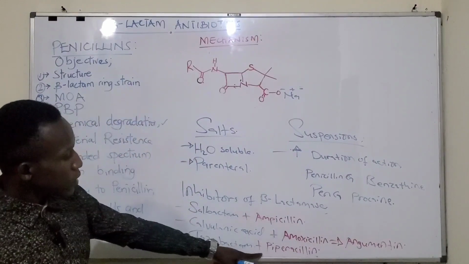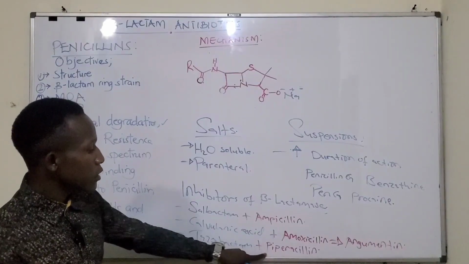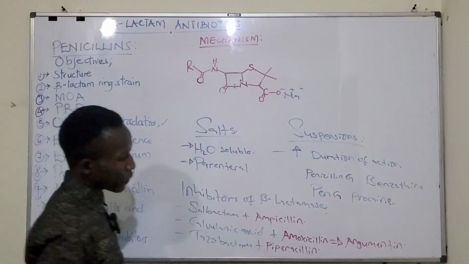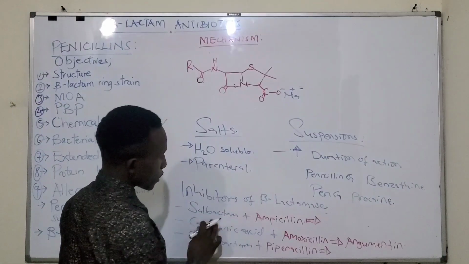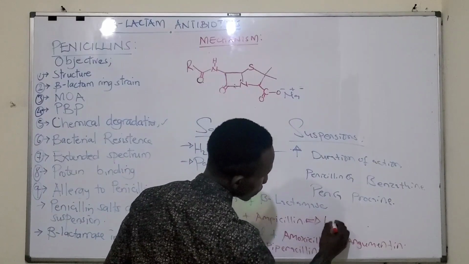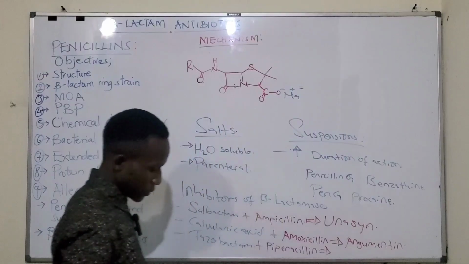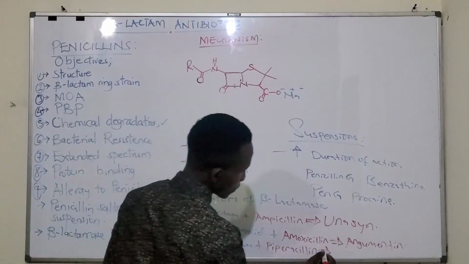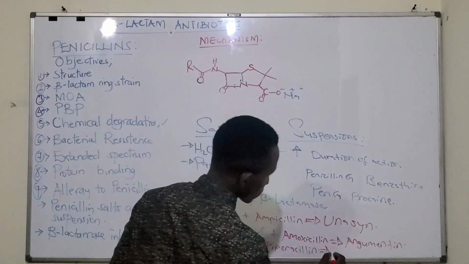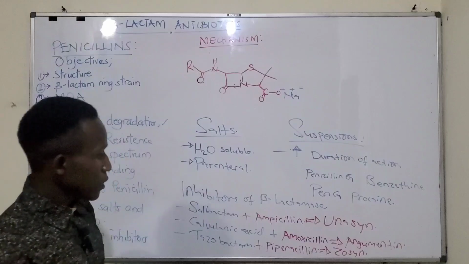So this piperacillin is a ureidopenicillin, which is the derivative of the ampicillins. So sulbactam and ampicillin are marketed under the brand name Unasyn. Then tazobactam and piperacillin are there in Zosyn brand names.